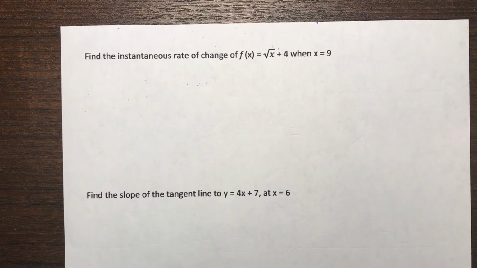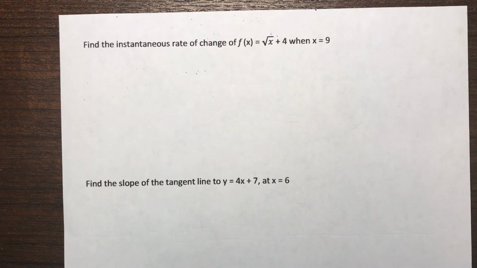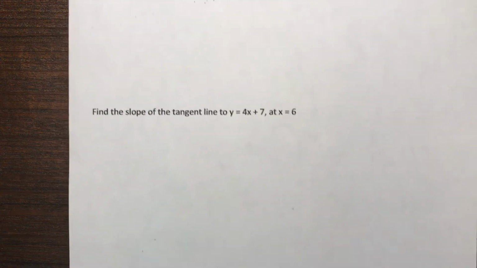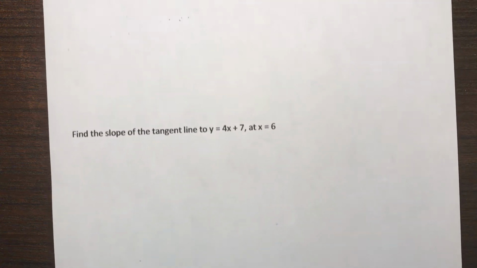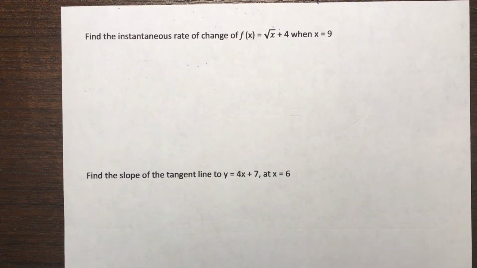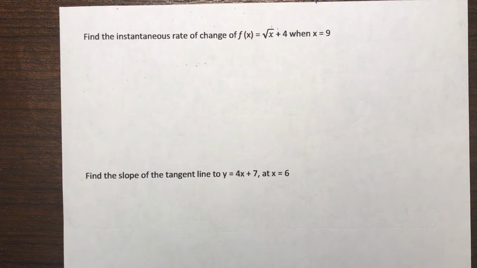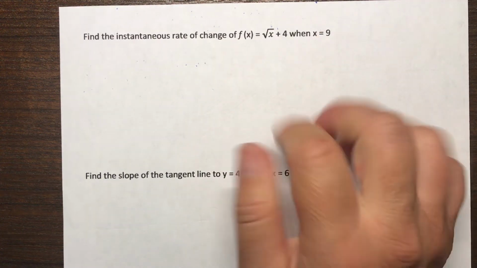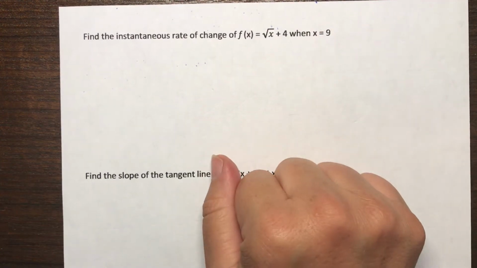All right, class, let's finish this section and solve just a few more problems as you saw on your notes. So, I'm asking you to find the instantaneous rate of change in this function, specifically when x is equal to 9.